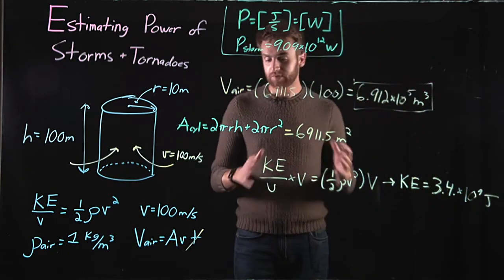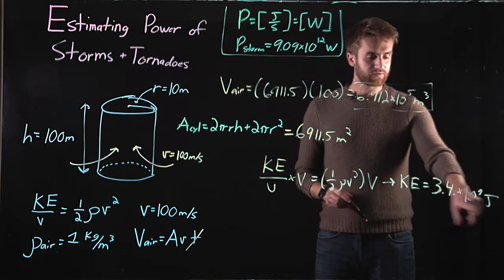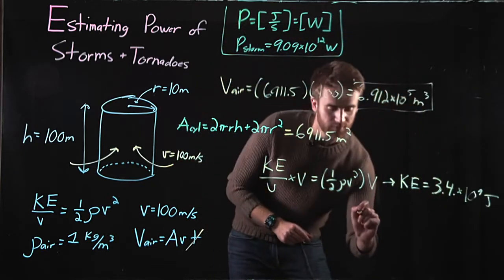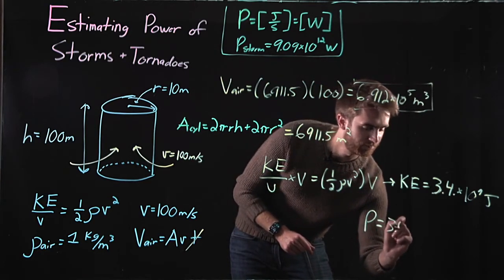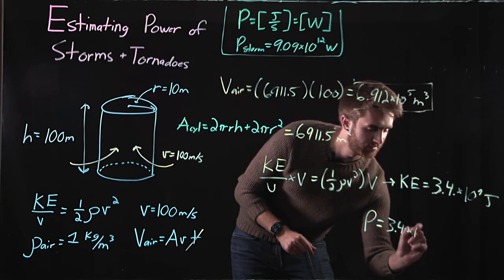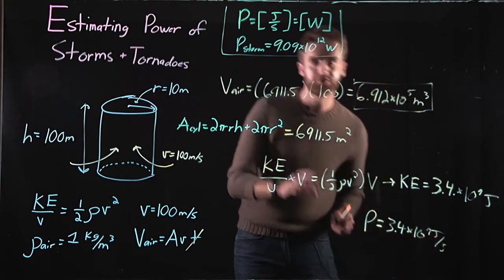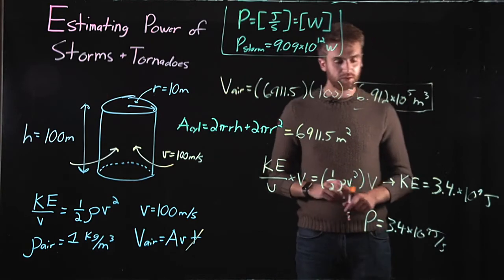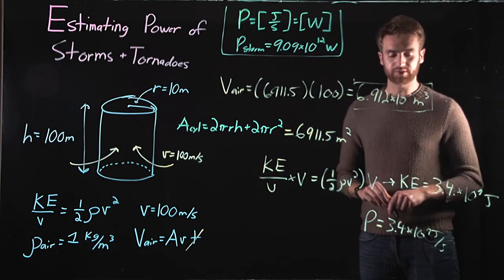Okay, and because we're just assessing this over 1 second, we can just divide this by 1 second to get power equals 3.4 times 10 to the 9 joules per second, which is the units of power that we're looking for. So in this case, over 1 second, our power is equal to the kinetic energy.